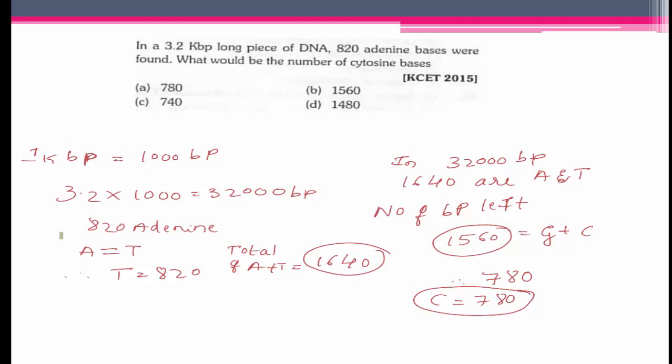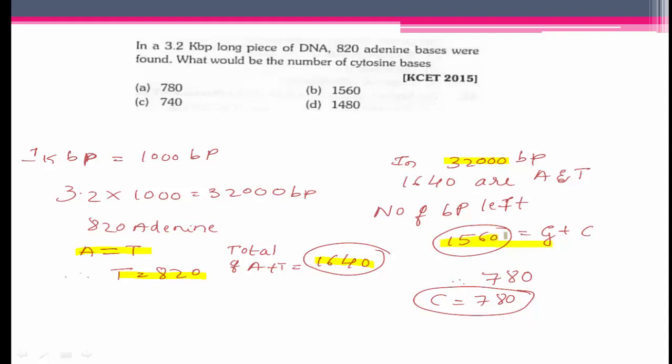Where adenine is present, due to complementary base pairing, it pairs with thymine. So the thymine number also becomes 820. So 820, 820, adenine and thymine together, the number becomes 1640. What is the total number of bases? It is 3200. If you subtract 1640 from this, the number left will be 1560.